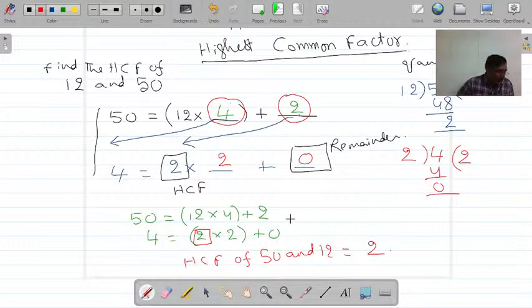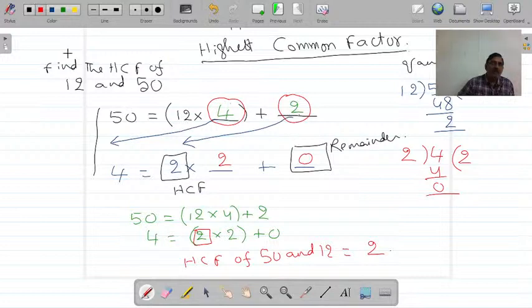Okay. Do you understand this now? We can observe that 2 is the HCF of the two given numbers, and those 2 steps we simply write like this.